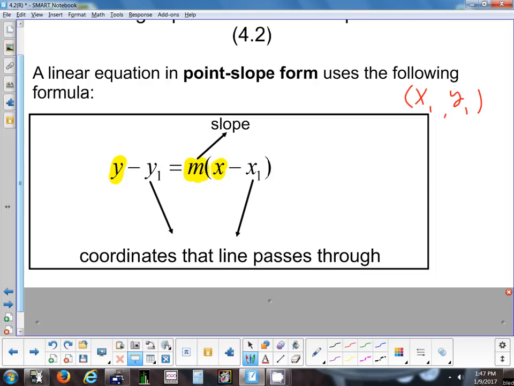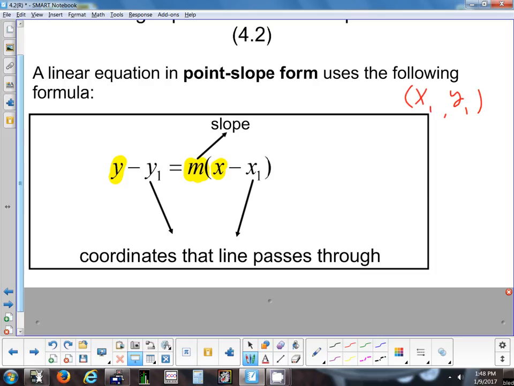Now, does it make a difference? Can you switch the order, or do you have to put the x first and the y second? What do you think, Trent? Does it make a difference which value comes first?